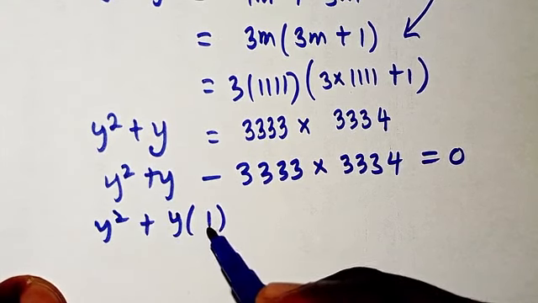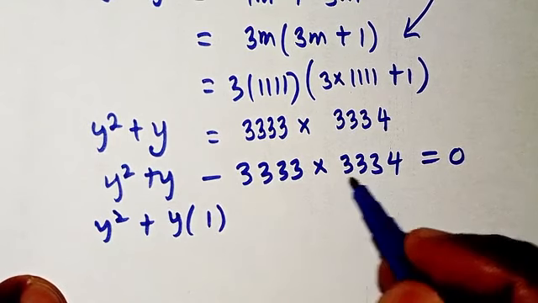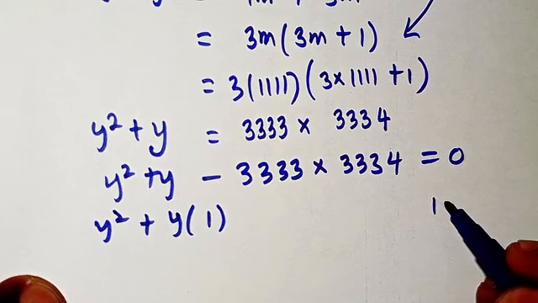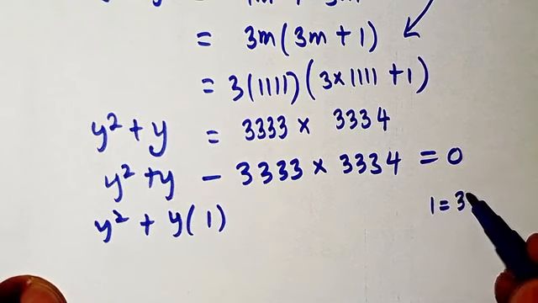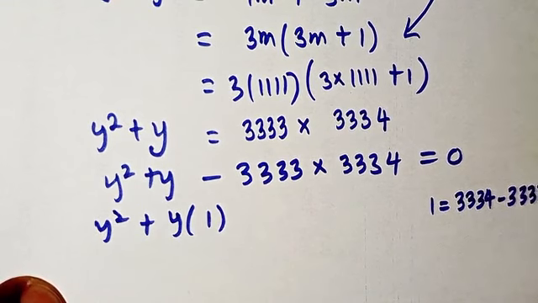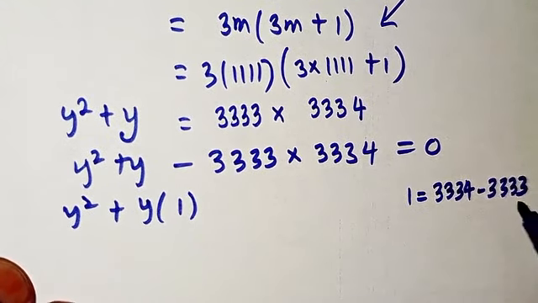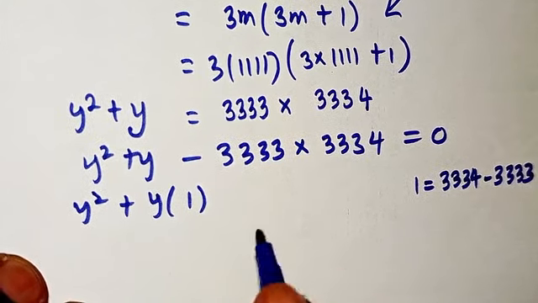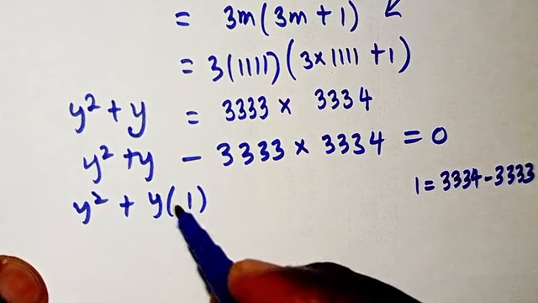So we are going to write this in this form. That is, 1 is equals 3, 3, 3, 4 minus 3, 3, 3, 3. If we take away 3, 3, 3, 3 from 3, 3, 3, 4, we are going to have 1. So now let's place this one here.